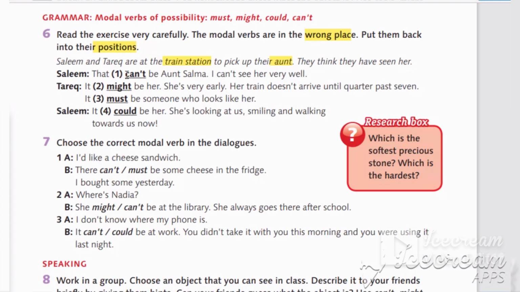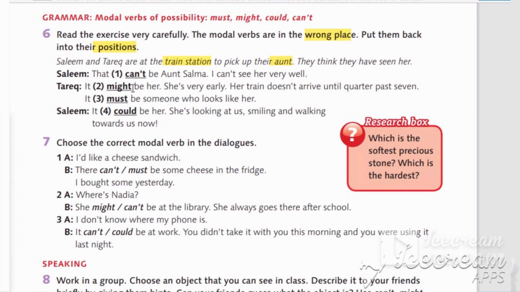Salim, that can't be Aunt Selma. I can't see her very well. Okay, now look at this. I'll give you 5 minutes to think about the exercise, okay? Tarek, it might be her. She's very early. Her train doesn't arrive until 7:15. طيب هون قطارها ما راح يجي من هون للساعة 7:15.